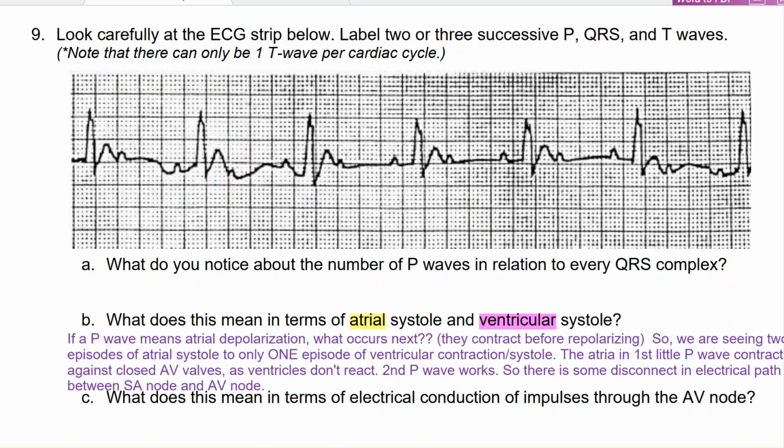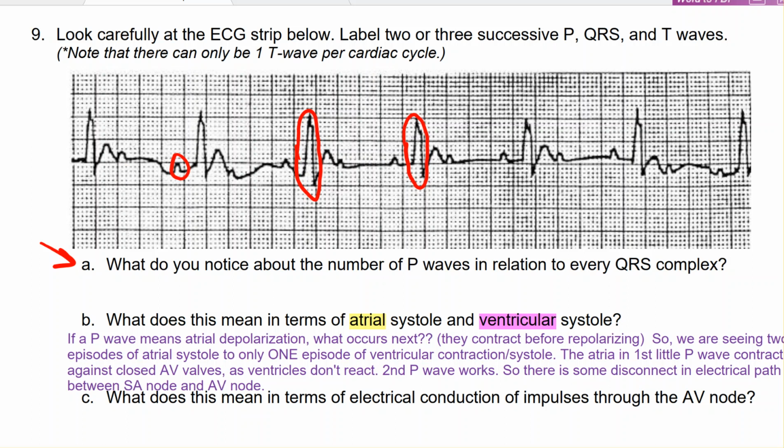It's going to ask you, what do you notice about the number of P waves compared to the QRS complexes? How many QRS complexes are there for every P wave?